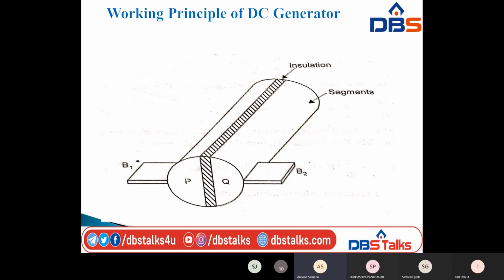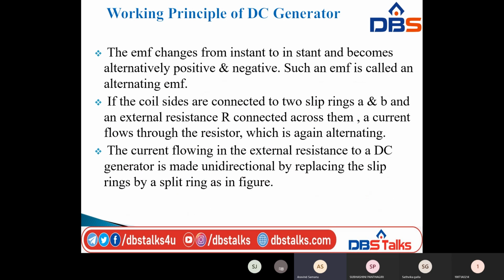At 270, the EMF gets the maximum value in the reverse direction. And at 360 degrees, the EMF comes back to the starting position, that is 0. That means the EMF changes from instant to instant and becomes alternately positive and negative.